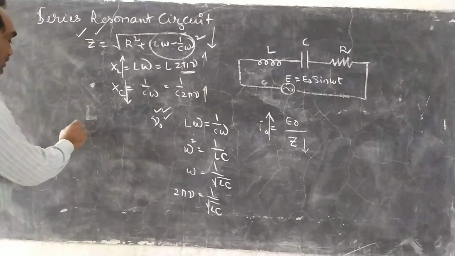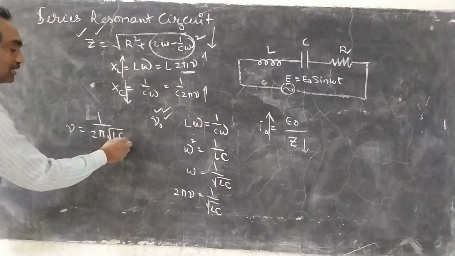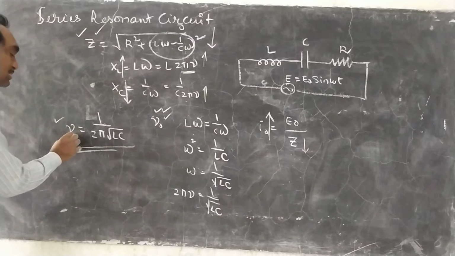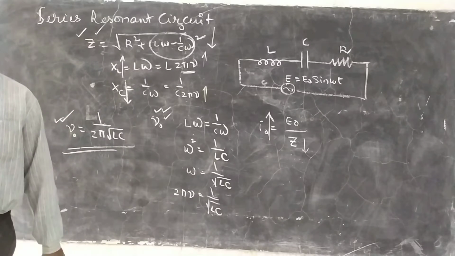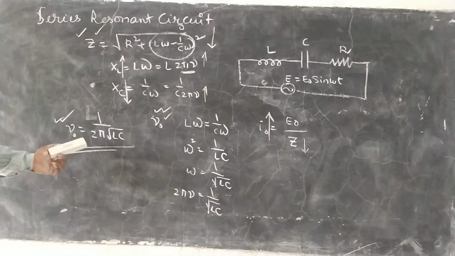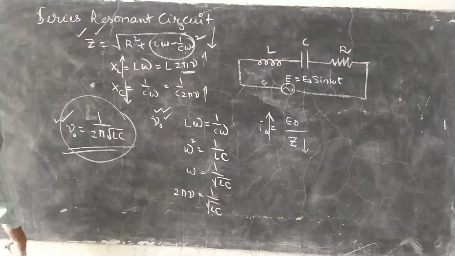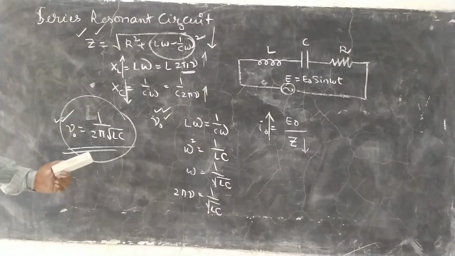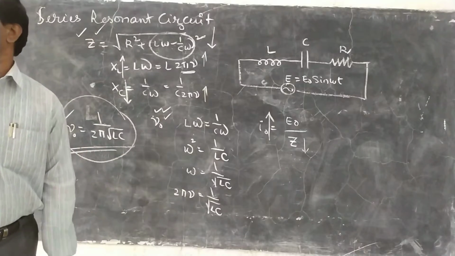That is nu is equal to 1 by 2 pi root LC. This frequency is called the resonant frequency. This resonant frequency does not depend on the resistance. It depends only on the inductance L and capacitance C.